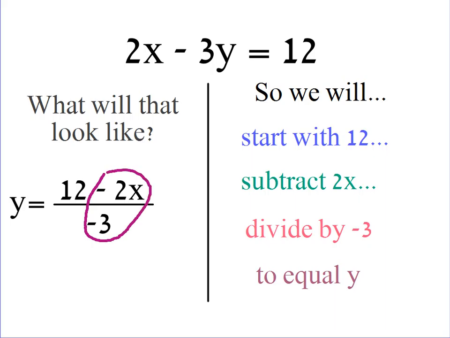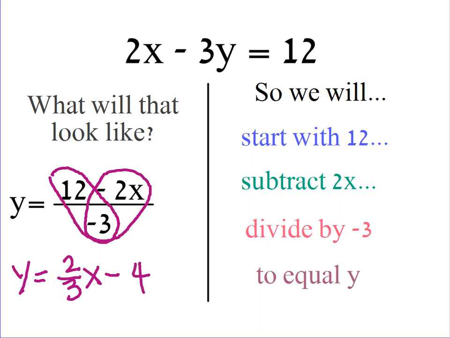So we're going to take -2x over -3. Negative over a negative becomes a positive, so this is going to become 2/3 x. On the other side, I need to take 12 and divide it by -3 as well. Positive 12 divided by a -3 is -4.